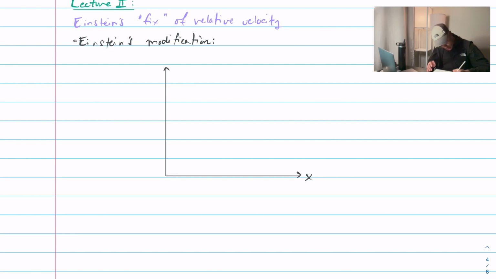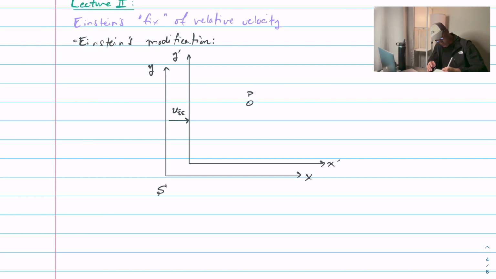We have x, y, and we'll say this is reference frame S. And then we have a copy of this that follows x prime, y prime, and we say that it's moving at a velocity, we'll say u S bar S. And then we have a particle or object or point p, and we say that this is moving at velocity c.